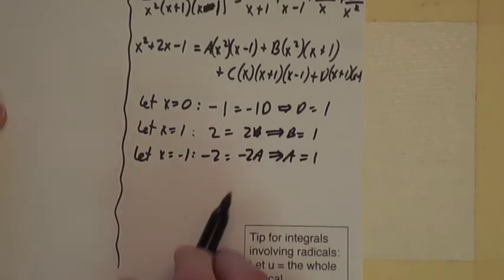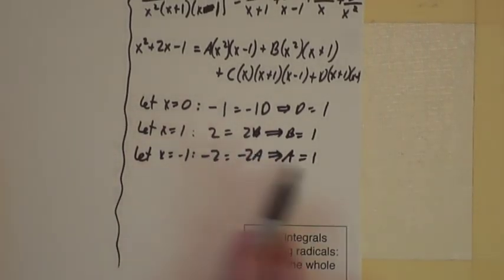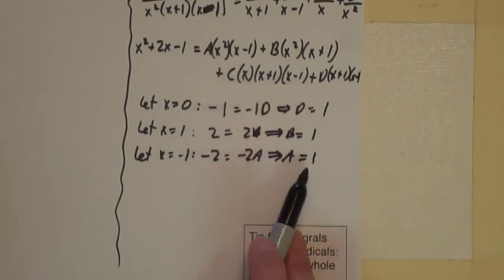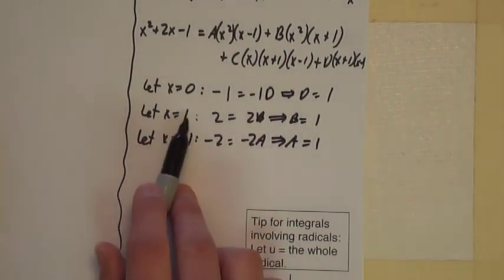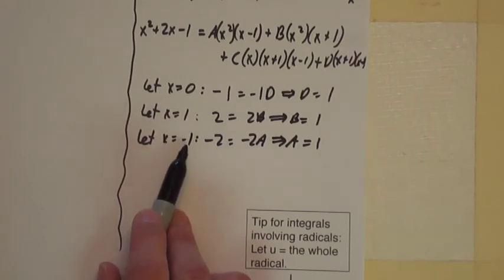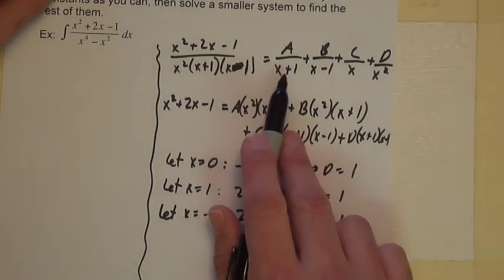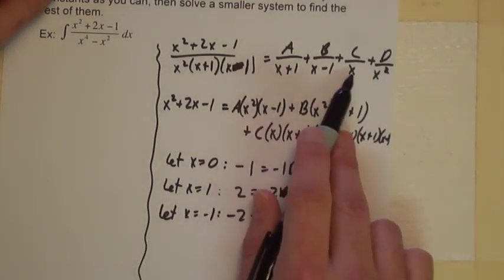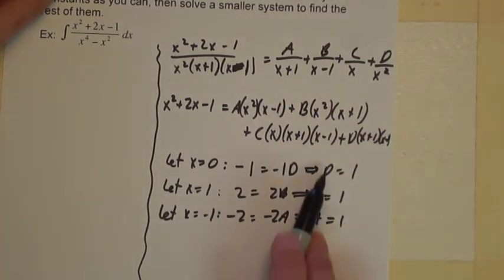You can pause the video if you need to convince yourself that these are the equations and the results that you get from making these substitutions. Now, there's nothing else we can plug in that's useful. We already tried 0, 1, and negative 1. And those are the only numbers that will make these factors here zero. So we still don't know the C.